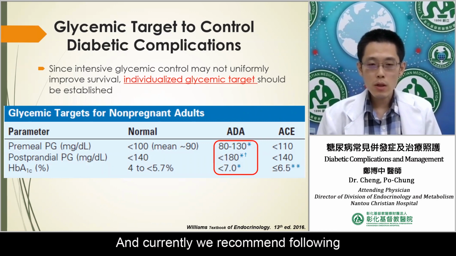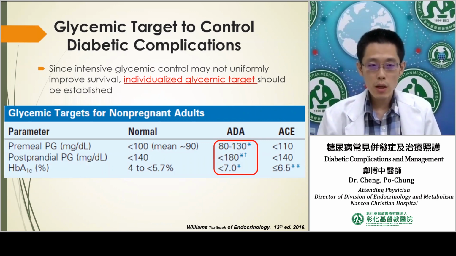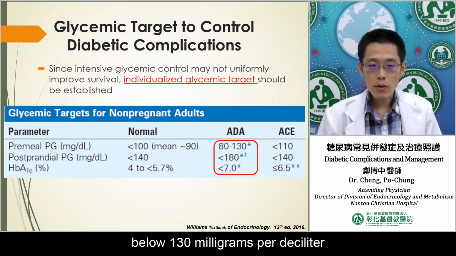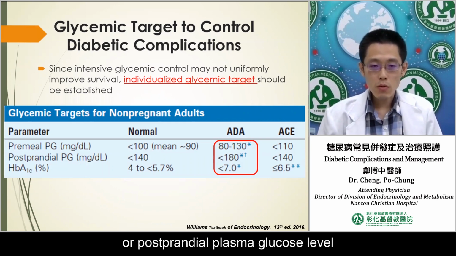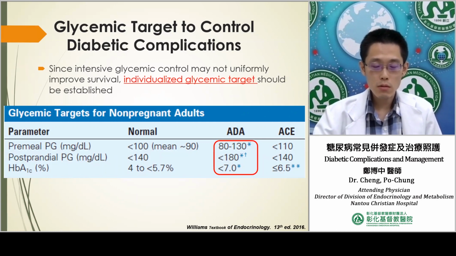Currently, we recommend following the American Diabetes Association guideline, reaching a premeal plasma glucose level below 130 milligrams per deciliter, or postprandial plasma glucose level below 180 milligrams per deciliter, or hemoglobin A1C below 7%.